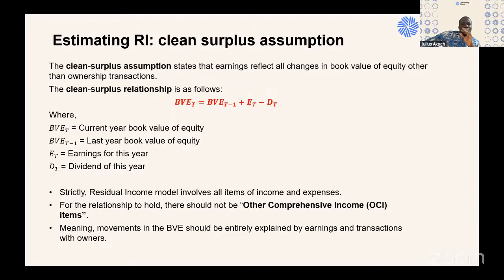When you take the statement of comprehensive income, you'll notice that it is grouped into two. It's a single statement, but it's in two parts. The first part is the profit and loss account. The second part is other comprehensive income.